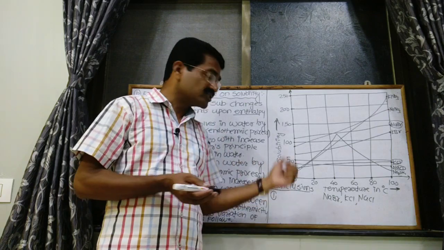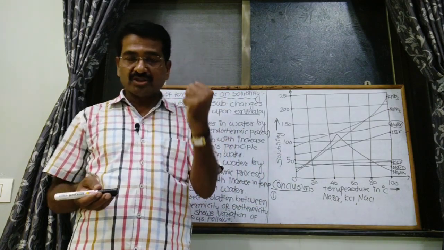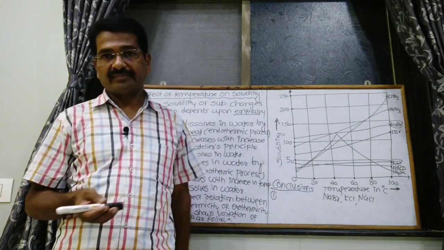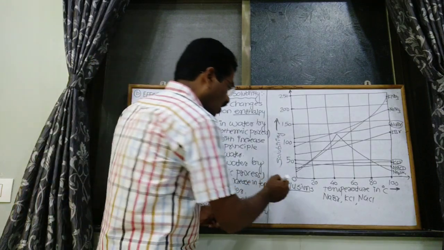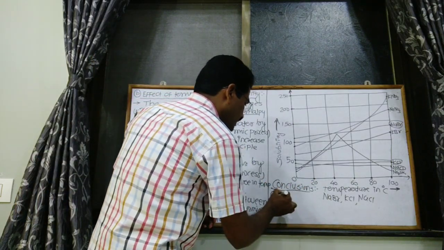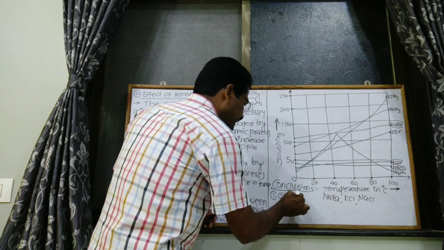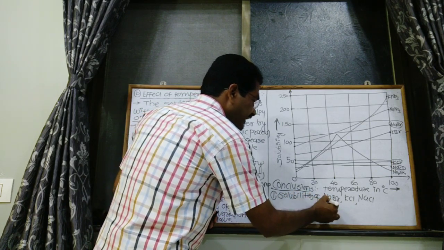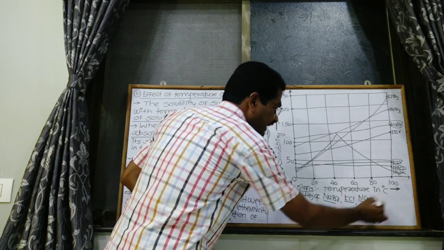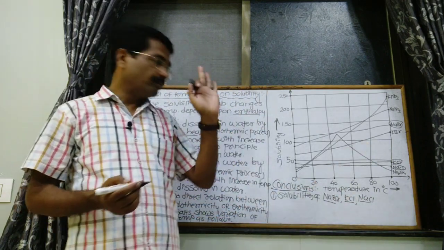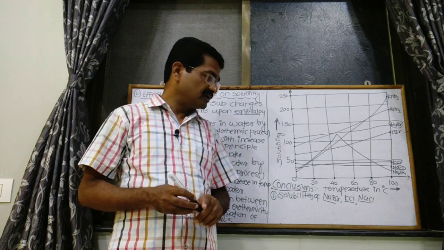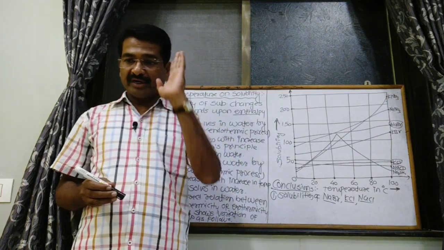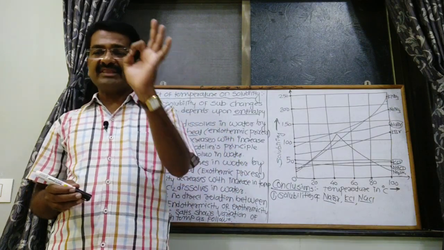So the first conclusion is: the solubilities of NaBr, KCl and NaCl, sodium bromide, potassium chloride and sodium chloride, change slightly with temperature.